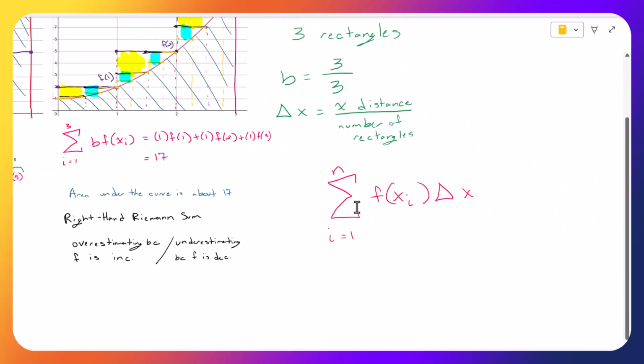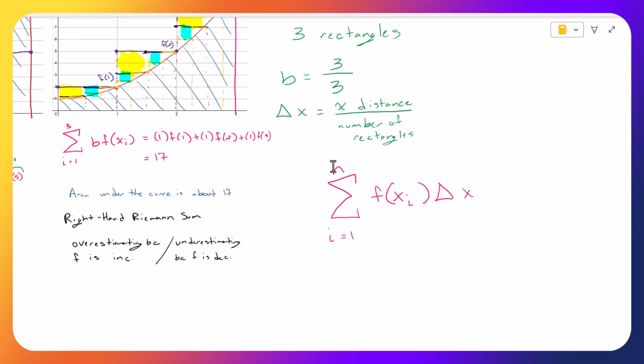Well, we have a handy notation. What if we kept drawing more and more rectangles? I'm not going to keep doing that because that's going to take forever. But if we want our number of rectangles, n, to be as many as we possibly can, how many are we eventually going to end up making?